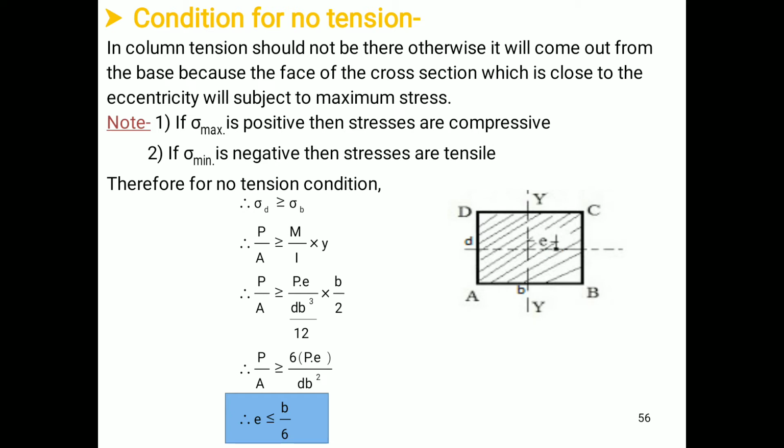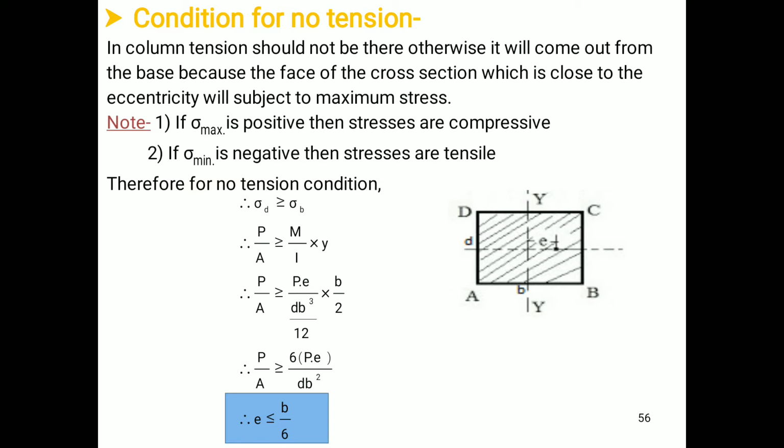Therefore the face CB will be subjected to maximum stress because our load is eccentric about the YY axis and it is very close to CB, therefore it is under maximum stress. So if sigma maximum is positive, then the stresses are considered compressive, and if sigma minimum is negative, then the stresses are considered tensile.